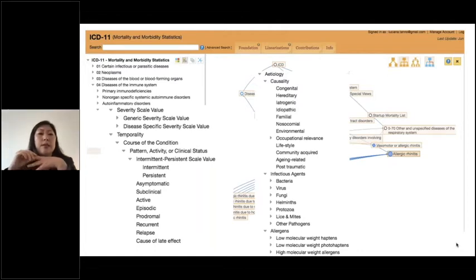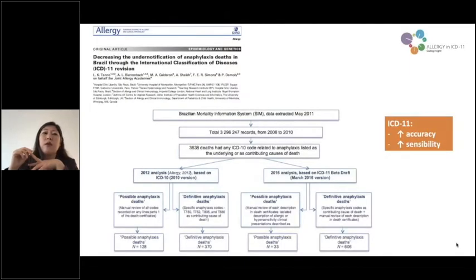As you may see in the next slide, we have been working a lot, not only to build up the new classification, but to prove the accuracy and the use of the new ICD-11.